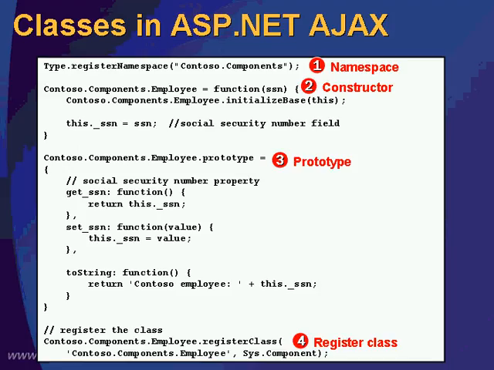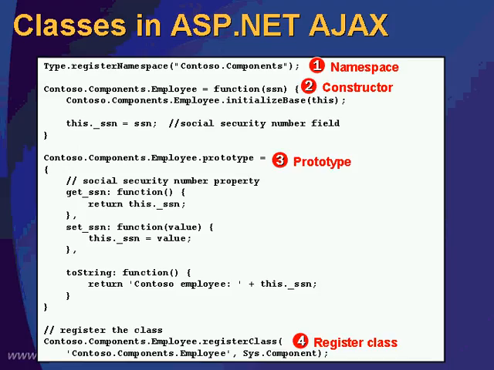just plain old JavaScript. And at the bottom, this is the last extension that we add, and it's the ability to register a class or create this class type inside of JavaScript. All you do is call registerClass from your specific type name and pass in the fully qualified name of your class.